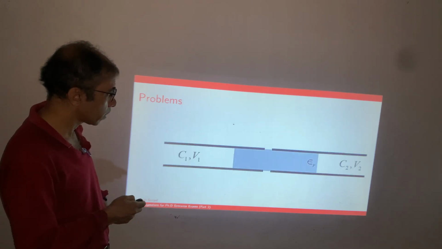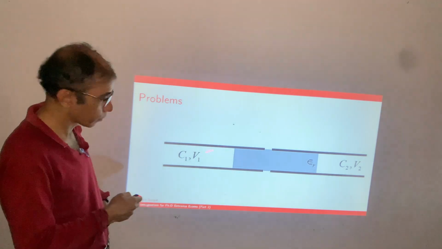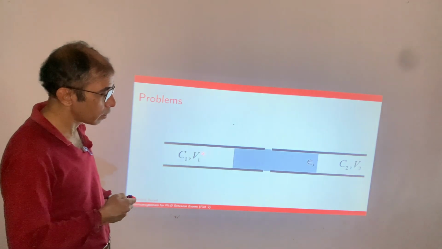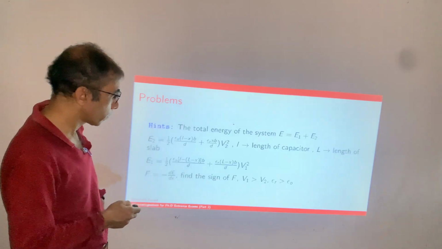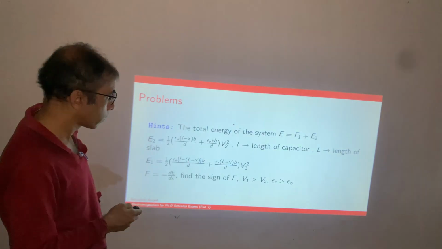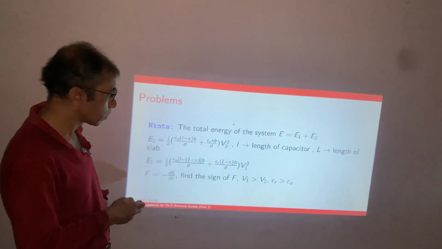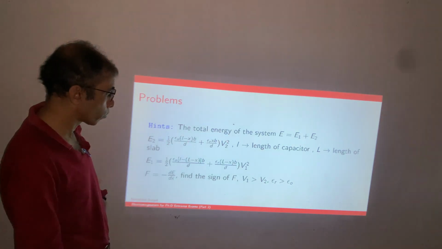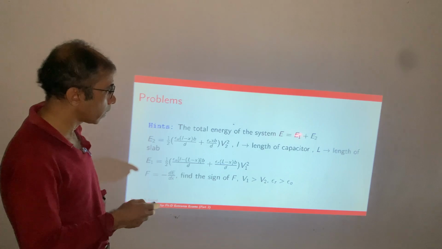Again the arrangement is such that if these two capacitors are placed like this, the equivalent capacitance is this plus this. So half the equivalent capacitance into V1 squared, and here half the equivalent capacitance into V2 squared. So this gives me the energy.